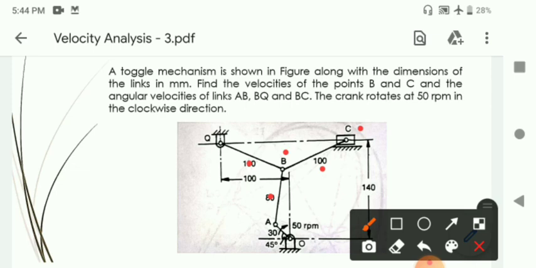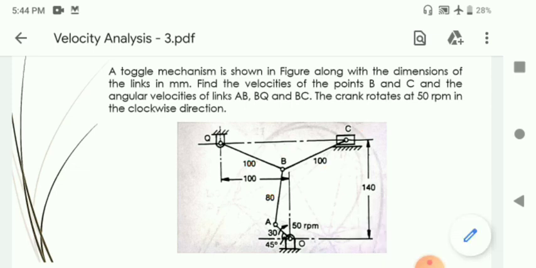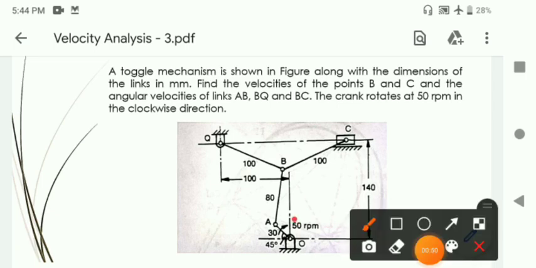In this particular mechanism, link OA is the crank. This mechanism consists of 6 links. C is the slider. The crank is rotating in the clockwise direction, and if you consider the motion of each link, we know that the crank OA will rotate in the clockwise direction.